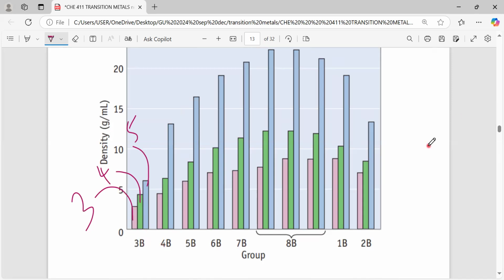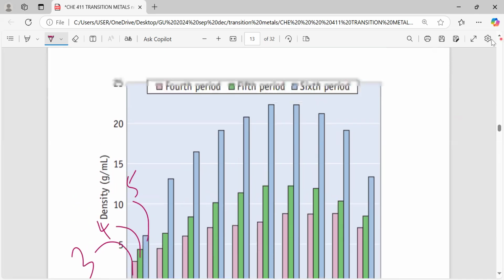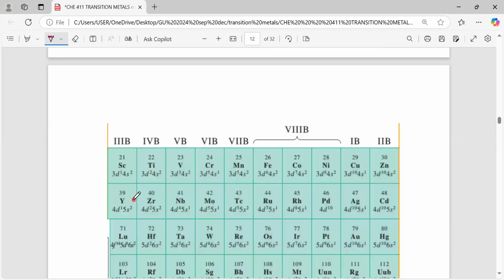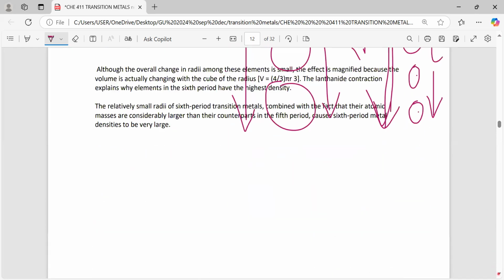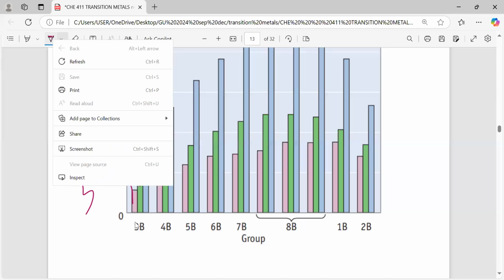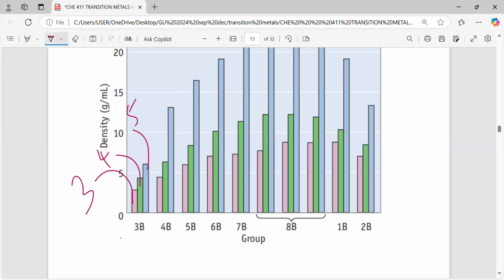in this group, who is in group 1? Group 1 is scandium, Y, and Lu. Scandium, Y, and Lu. So if I pick this group, of course, is scandium, Y, and Lu.